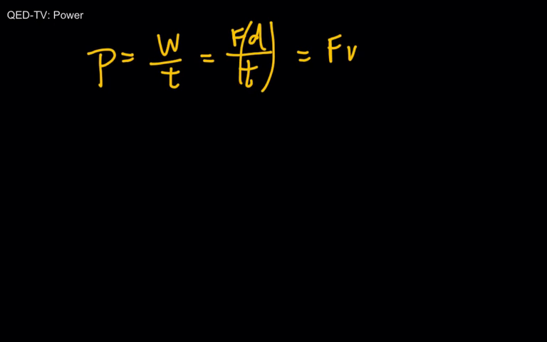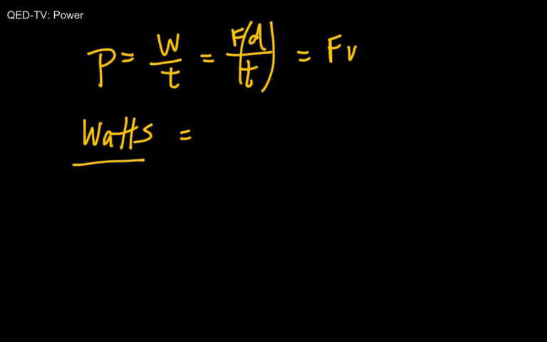We always joke around about the question, what are the units for power? And the answer, of course, is watts. What is a watt in kg m per s? Well, we have force times distance over time.